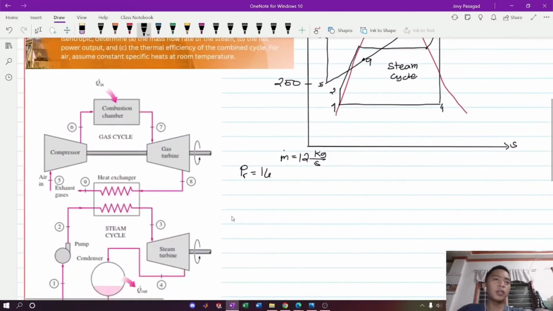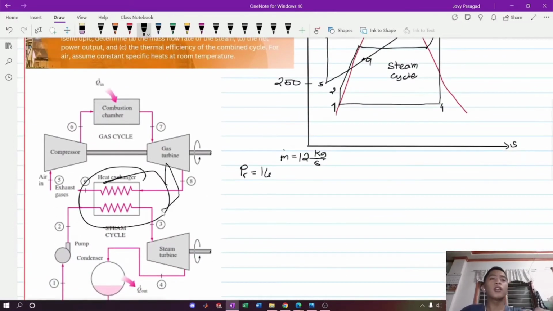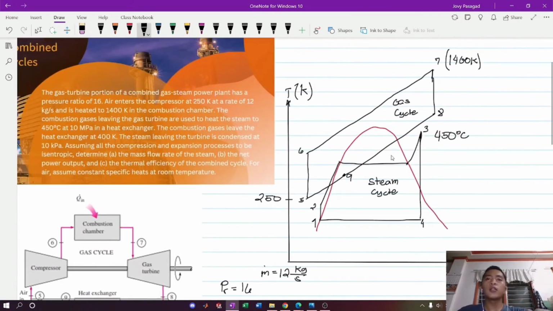So, let's look at our heat exchanger. As mentioned earlier, it is also called the HRSG, or the heat recovery steam generator. The steam is at 10 MPa. The combustion gases leave the heat exchanger at 400 Kelvin.